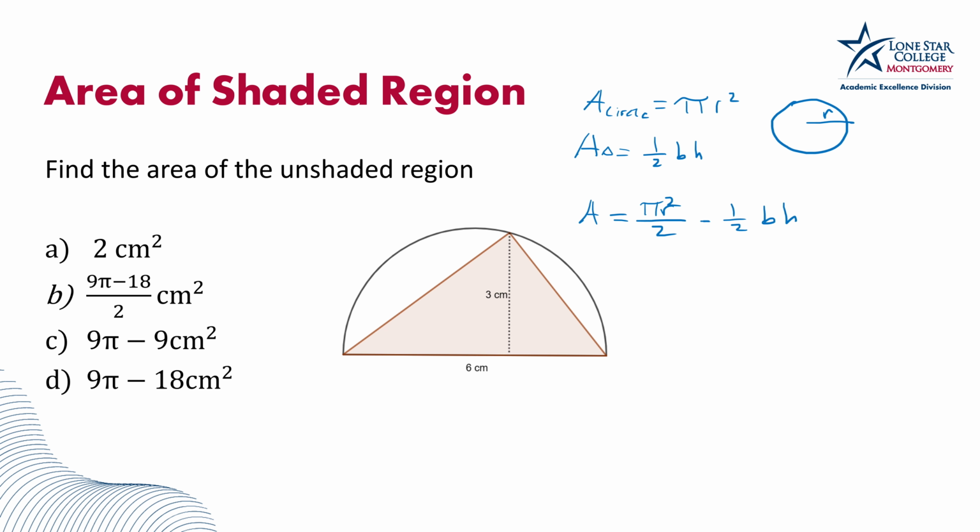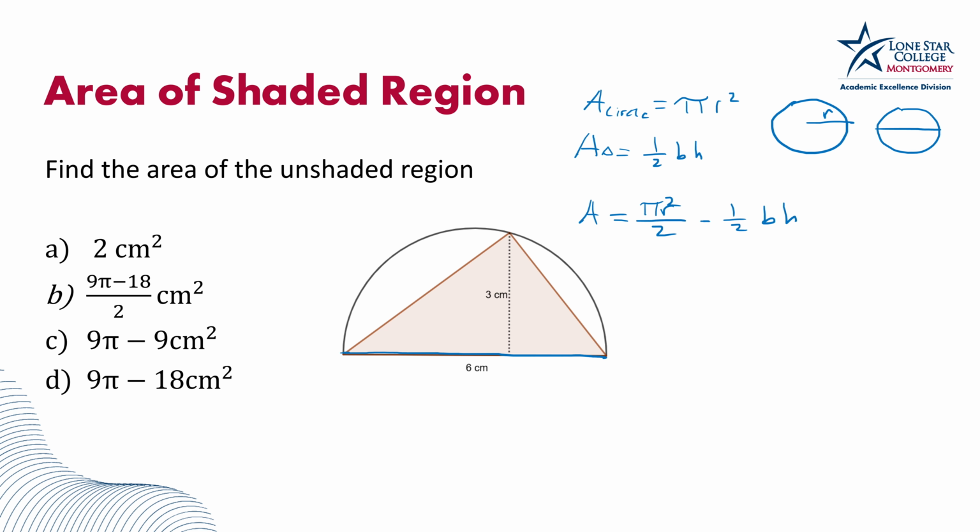So let's look at what we have here. First off, we have to figure out what is the radius of this circle. Notice how this 6 centimeters represents the whole bottom part of that triangle. And that base of that triangle just so happens to be what's called the diameter of a circle. The diameter stretches from one end of the circle to the other.